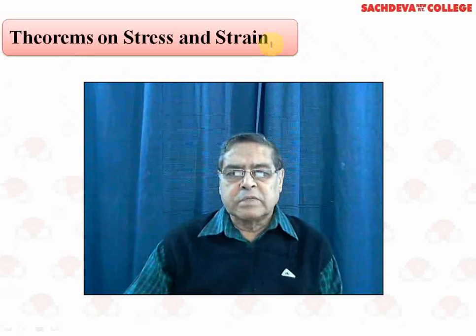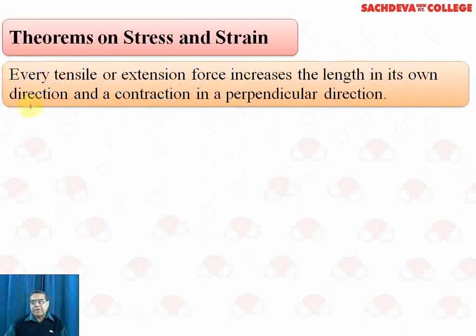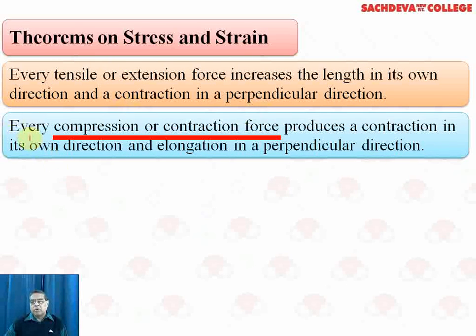Now we come towards the main concept: every tensile or extension force increases the length in its own direction and causes contraction in the perpendicular direction. Every compression or contraction force produces a contraction in its own direction and elongation in the perpendicular direction.